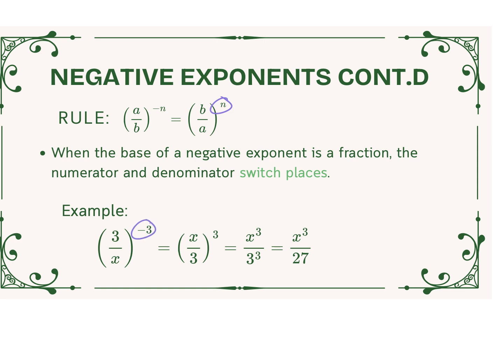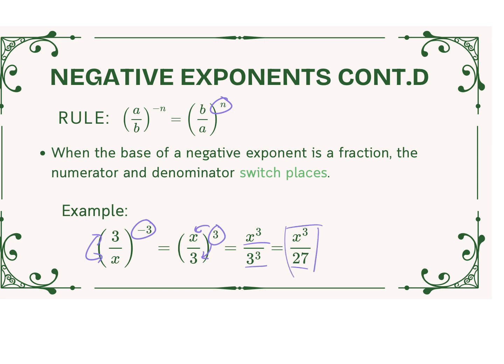To make this negative 3 a positive, you would flip these two. So it becomes x over 3 to the power of 3. Sorry. And just like with factors, if I have things being divided, I can distribute this exponent to each thing that's being divided on the top and the bottom. All right, so it's going to become x to the power of 3, and 3 to the power of 3 is 27.